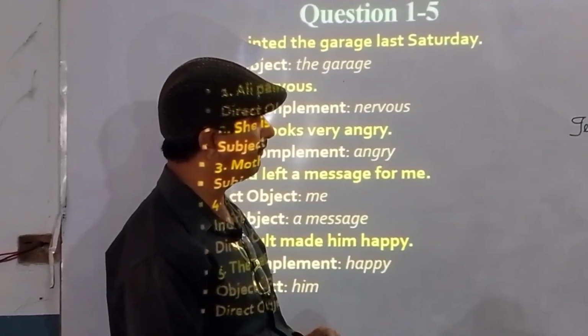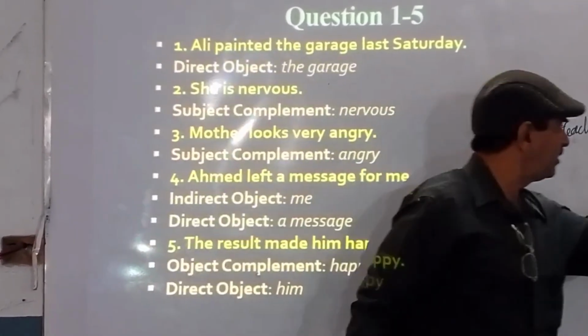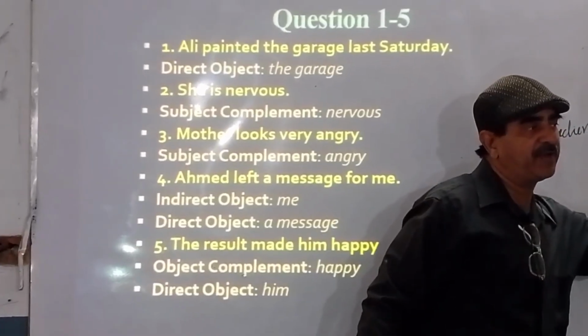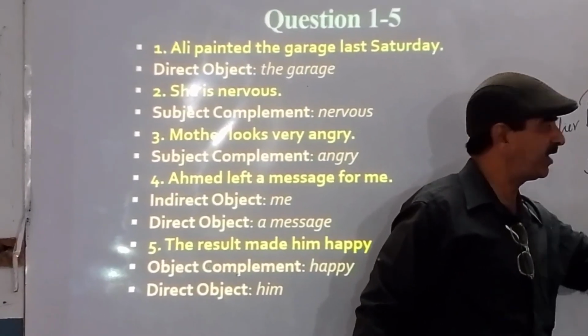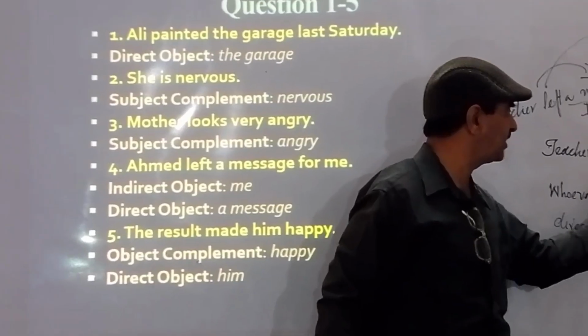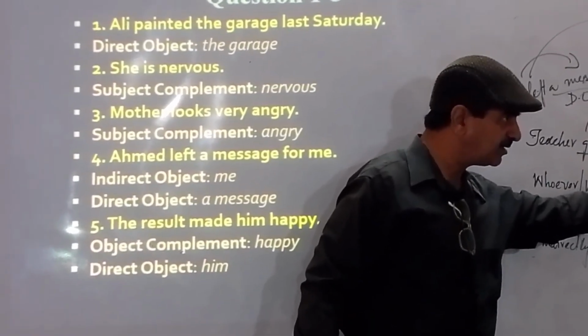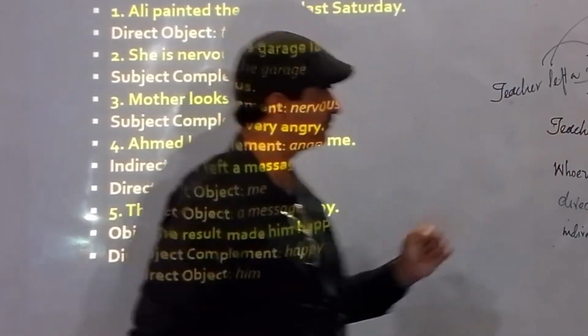The moment I pick the duster, the action of giving started. Then I gave it to Sam, so it is indirectly affecting Sam. So the action of giving is directly affecting the duster, indirectly affecting Sam. Clear?